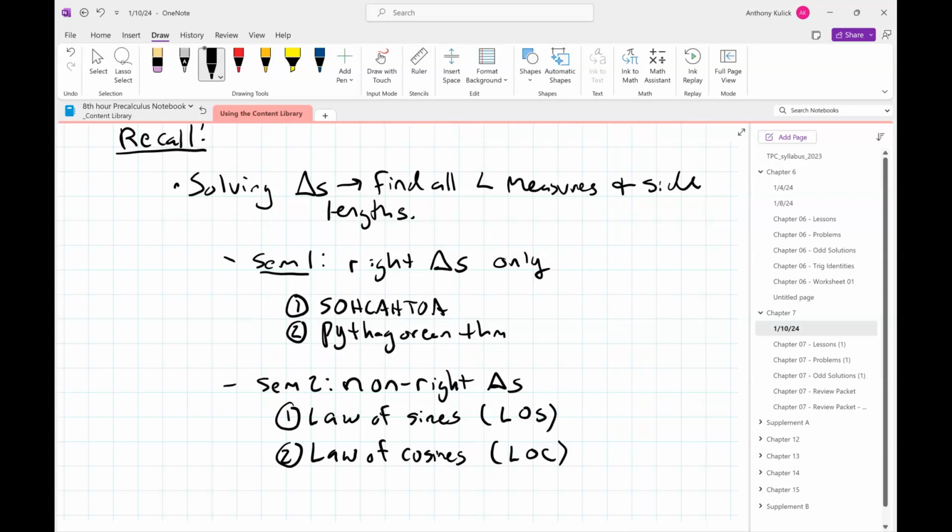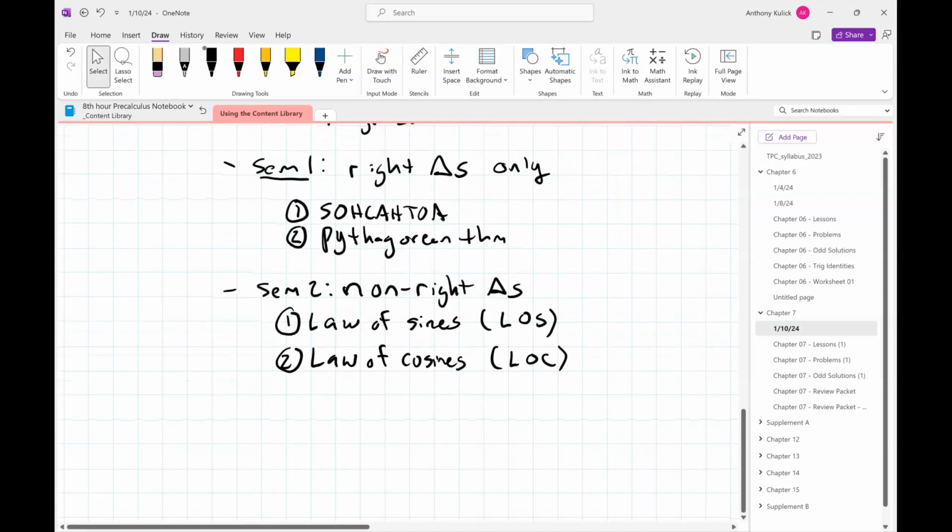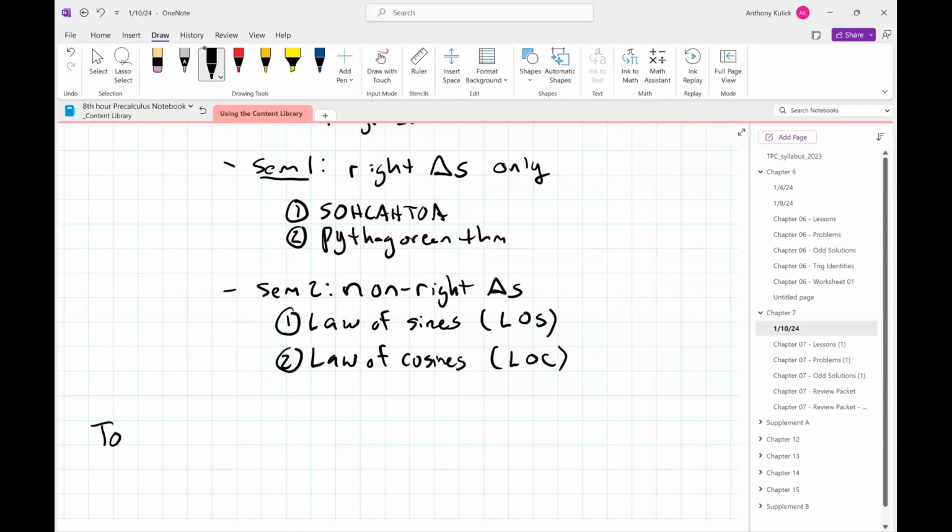But for right now, those are just the names of our two tools. Before we begin talking about either the law of sines or law of cosines, let's talk about the solving a triangle problem.